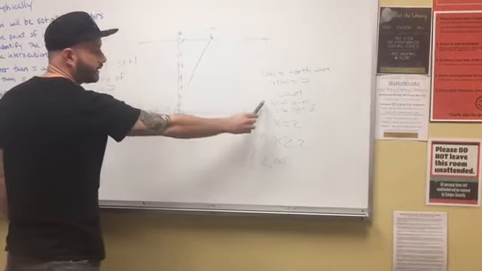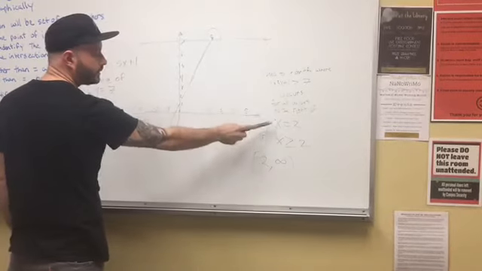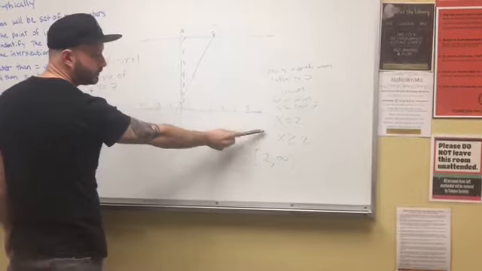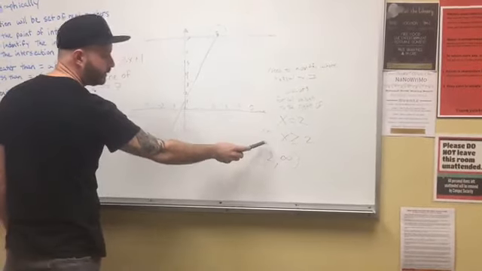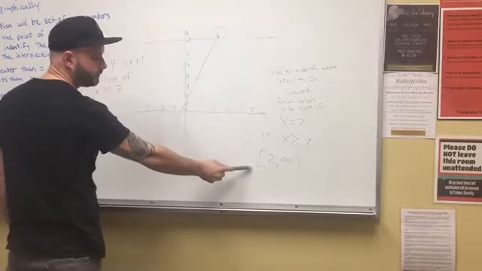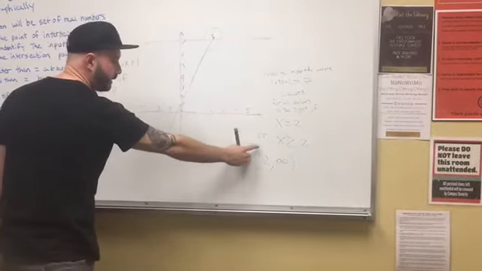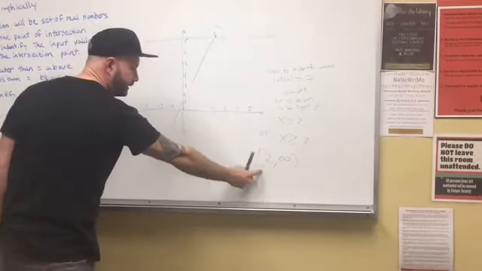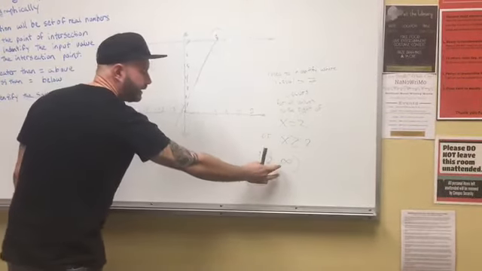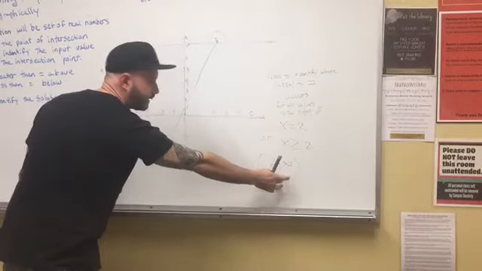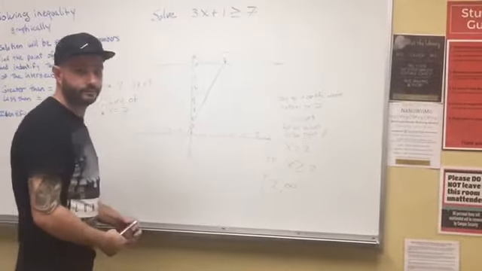So, it occurs for all the values to the right of x equals 2, or x is greater than or equal to 2. If we want to put it in interval notation, we have a bracket, which means it's closed, 2 to the left, and going to infinity on the right with an open parenthesis.